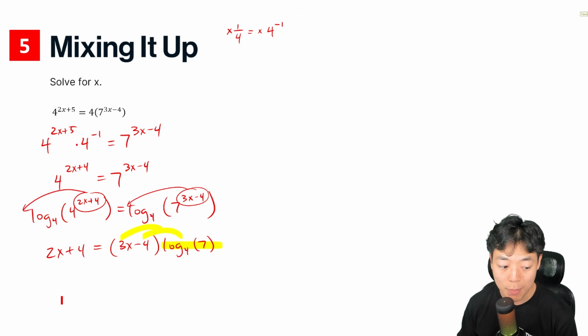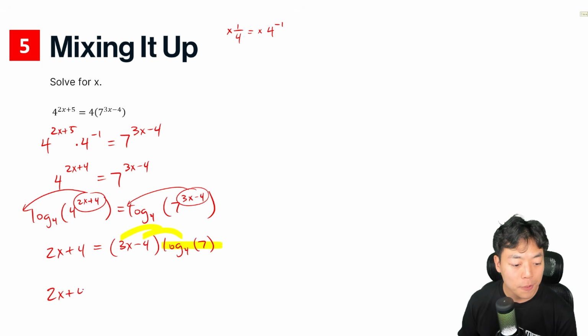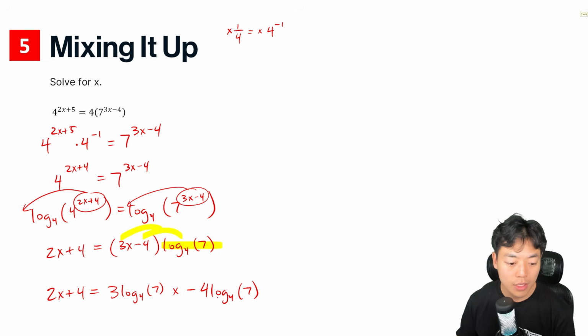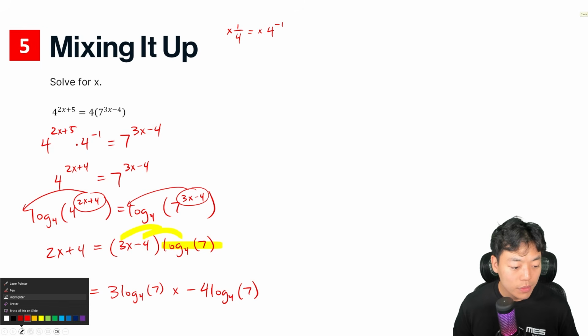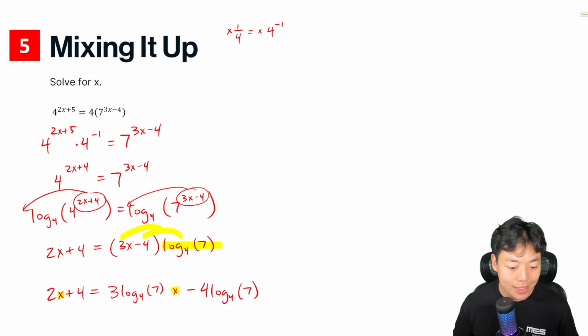This is going to take some more paper, so if you are taking notes here, go ahead, start a new page, maybe go back in the video and restart the problem. We have 2x plus 4. That'll equal 3 log base 4 of 7 times x minus 4 log base 4 of 7. I need to solve for x.